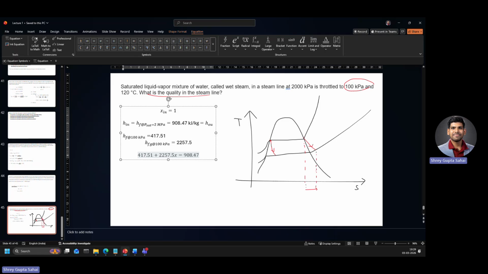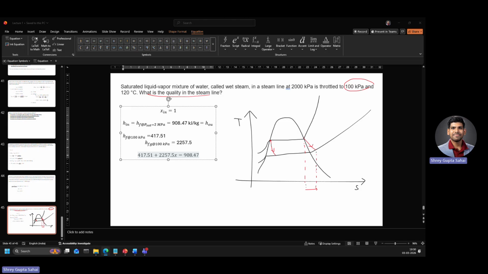So now let me do this part. You get 908.47 minus 417.51 divided by 2257.5. Your answer should come close to point... Wait a second. Am I getting a wrong answer here? 2000 kilopascals.